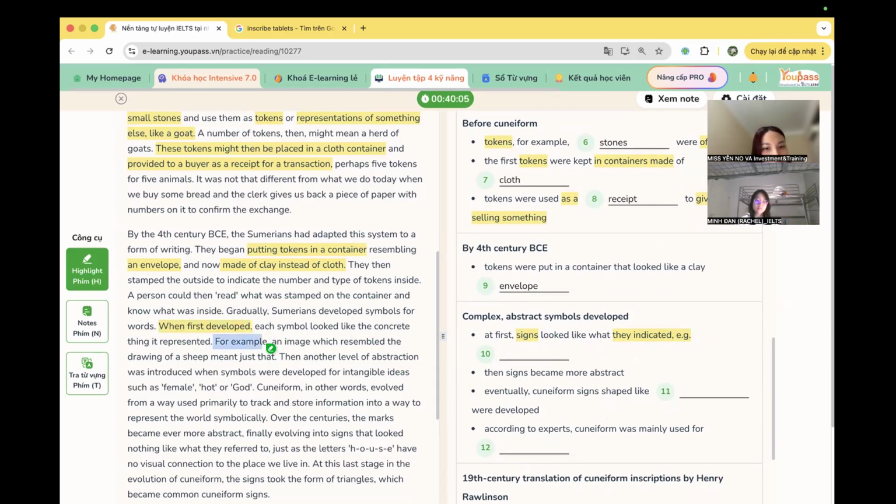For example, an image which resembled the drawing of a sheep meant just that. And then another level of abstraction was introduced when symbols were developed for entangled ideas, such as female, heart, or God.